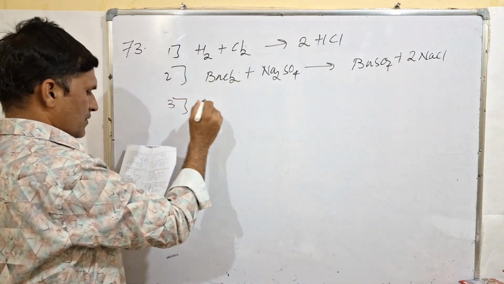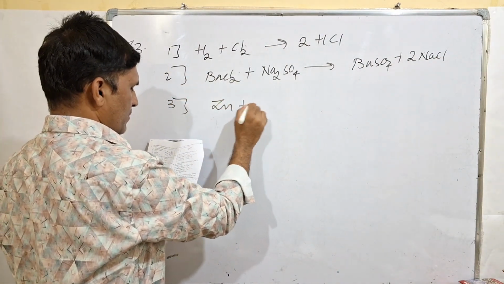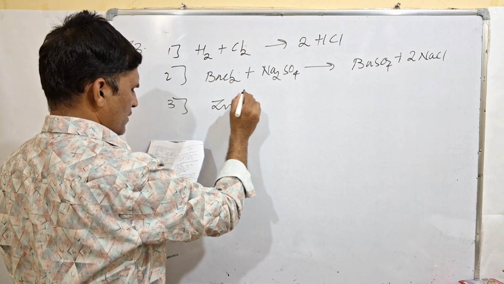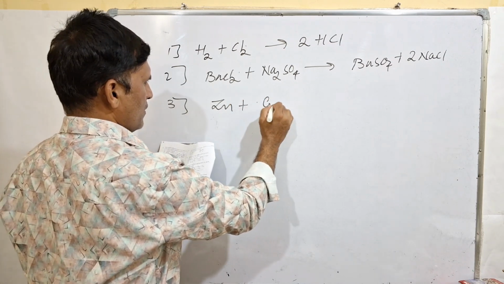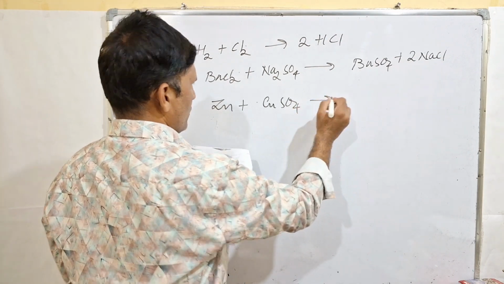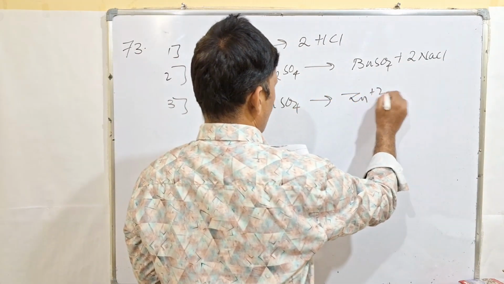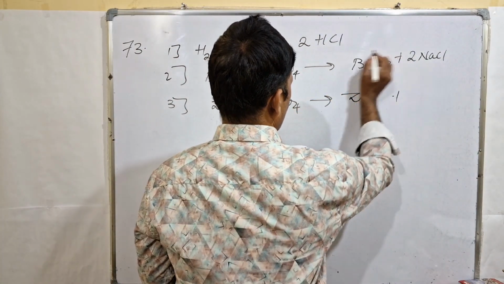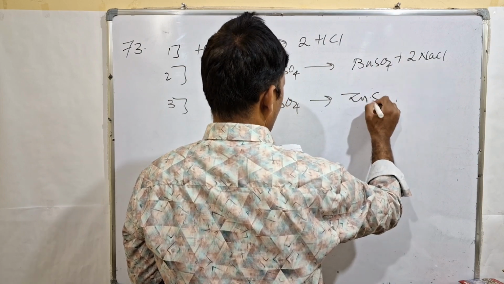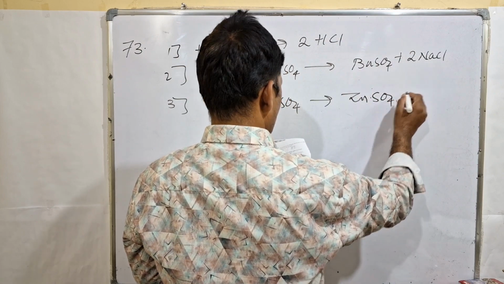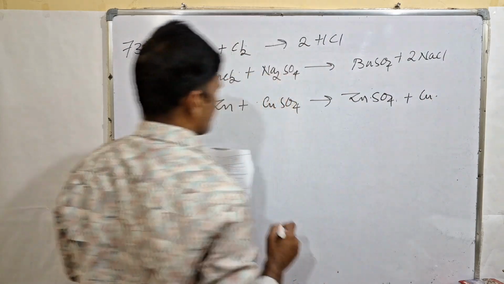Third option is Zn plus CuSO4 to give ZnSO4 plus Cu.